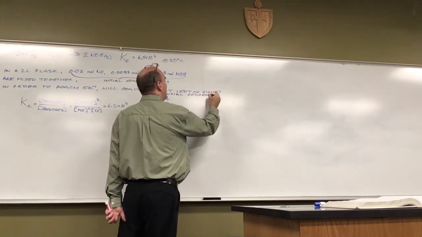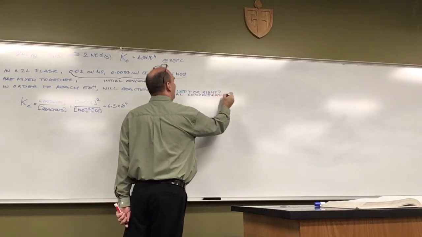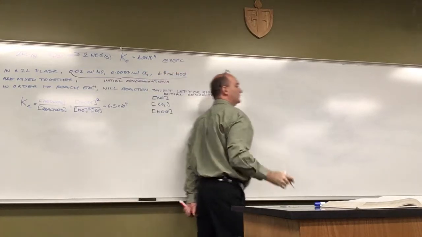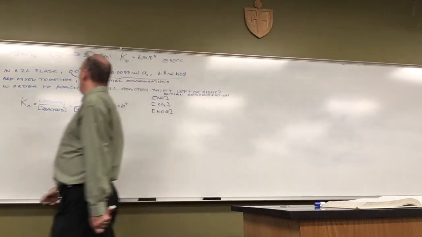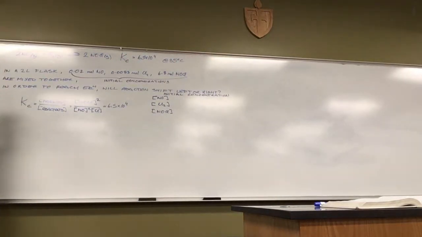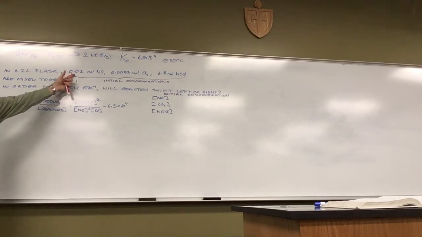Let's make a little table of our initial concentrations. How much NO do I have? Nitrogen monoxide. To the question, 0.02.